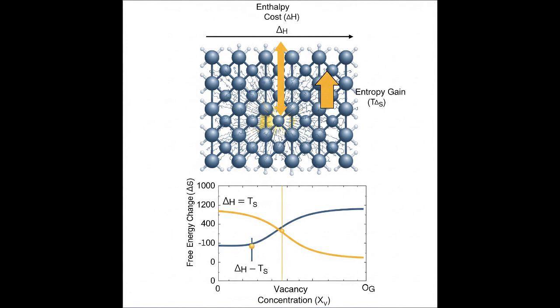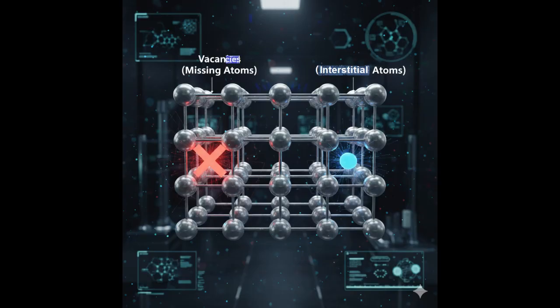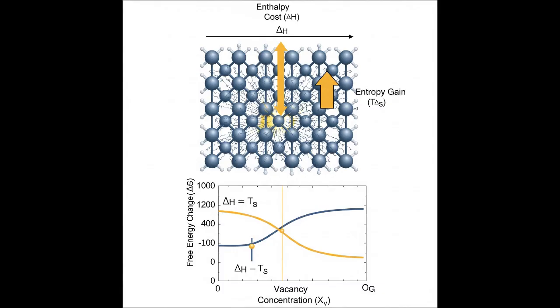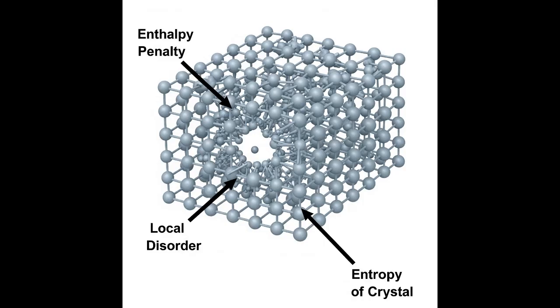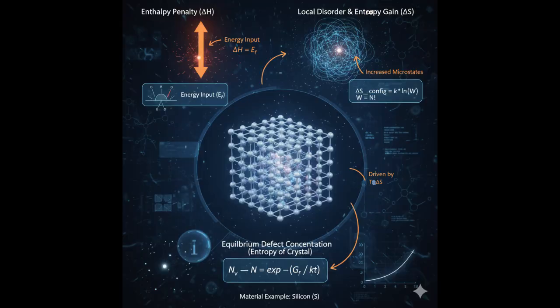And the next application is the entropy considerations in defect formation. Materials are rarely perfect. They contain defects like vacancies, missing atoms, or interstitial atoms. While creating a vacancy requires energy and an enthalpy penalty, it also increases the local disorder and thus the entropy of the crystal.